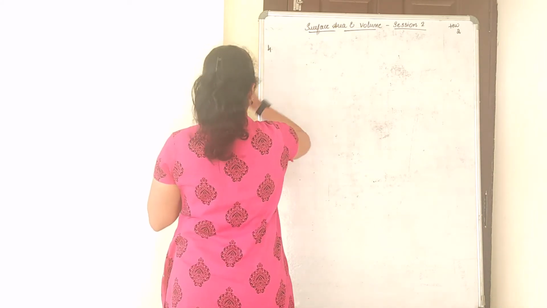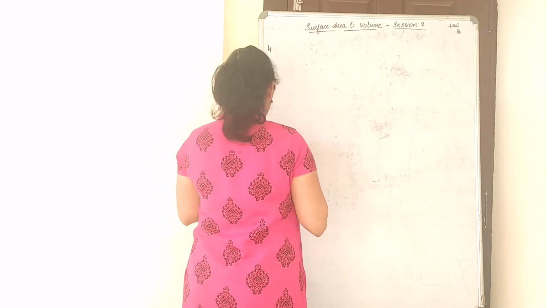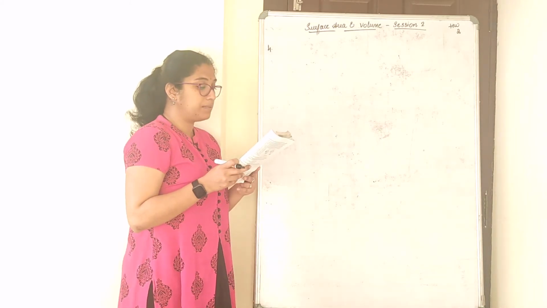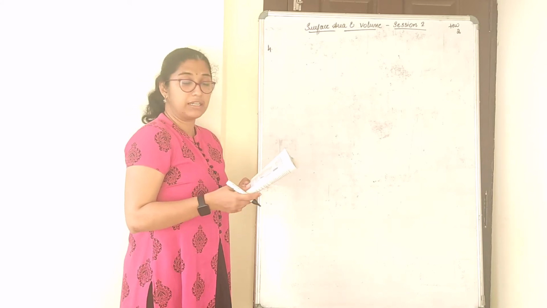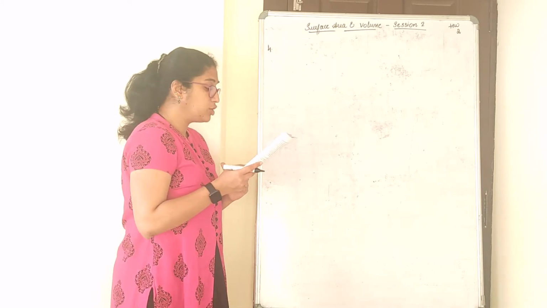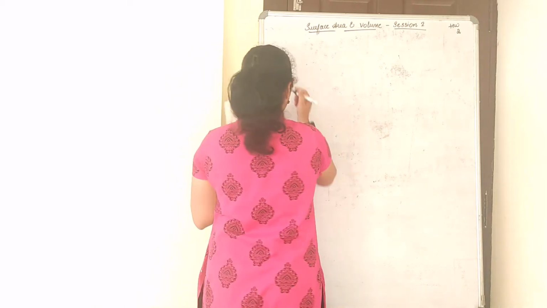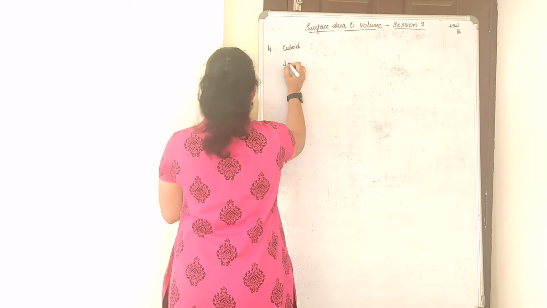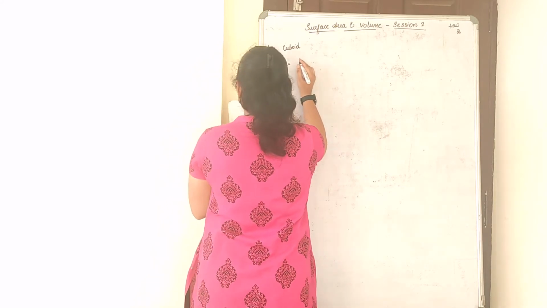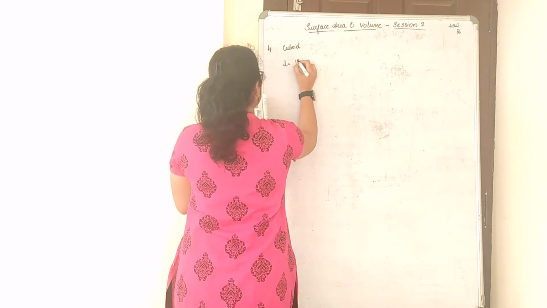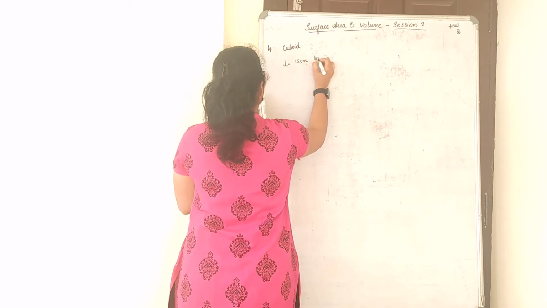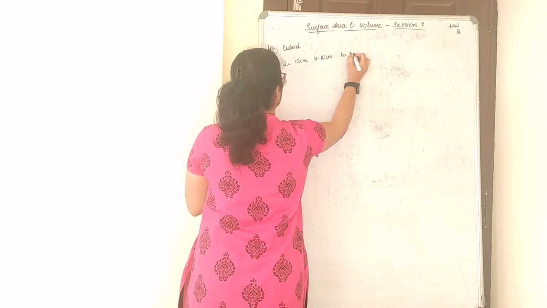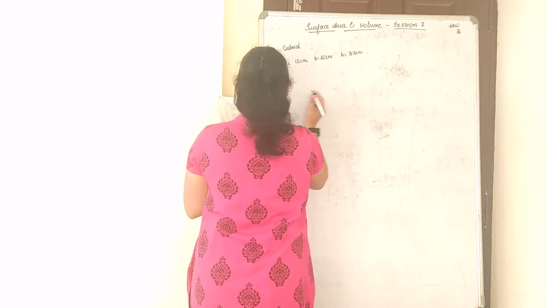Fourth one. A pen stand made of wood is in the shape of a cuboid with 4 conical depressions to hold the pen. You've seen the figure is already given. The dimensions of the cuboid are 15 centimeter by 10 centimeter by 3.5 centimeter.